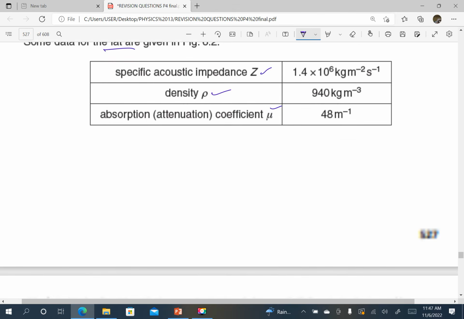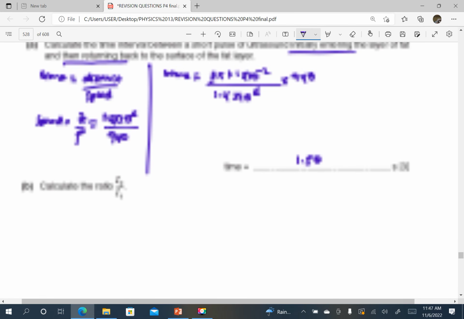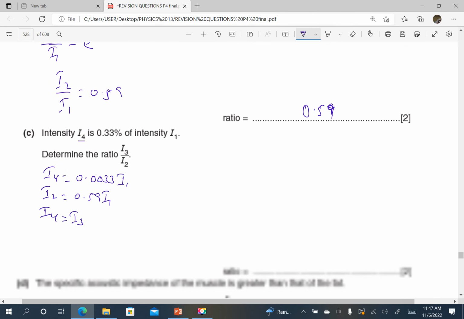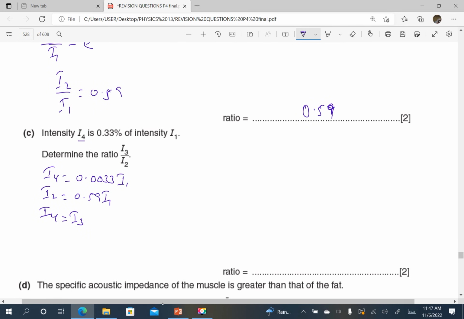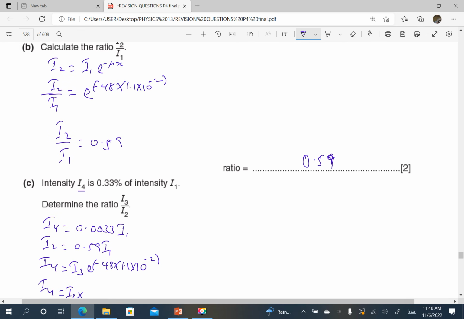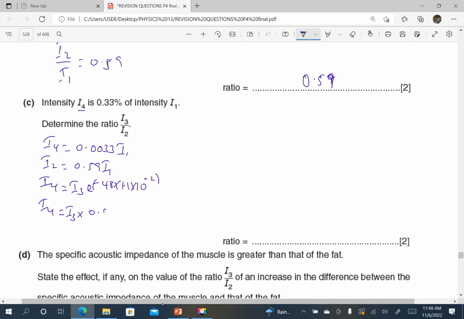So we use the formula for transmission, that I4 is equal to I3 e power negative mu times x. So mu is the same, 48, and x is 1.1 times 10 power negative 2. So it means I4 is also I3 times 0.59. Now we just do back substitution.